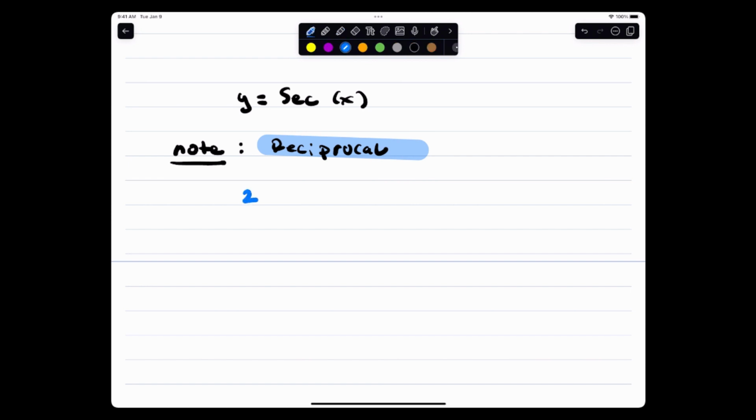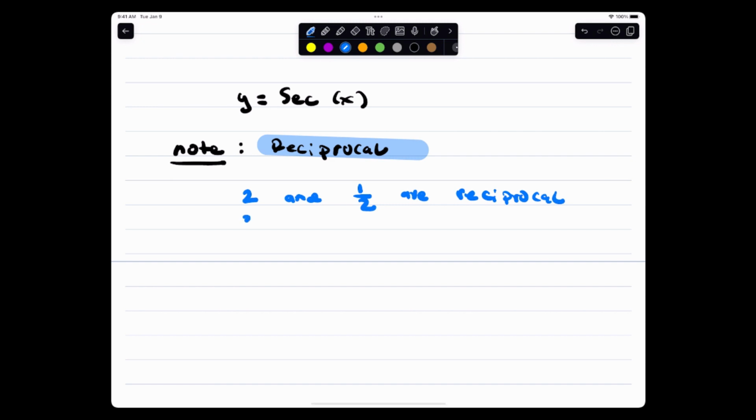If I said to you, the number 2, what's the reciprocal for the number 2? Good. So 2 and 1/2 are what? Reciprocals. Is that right? 2 and 1/2 are reciprocals.